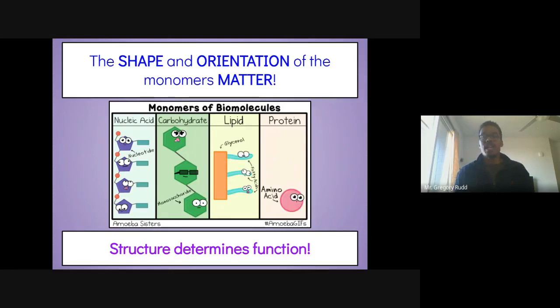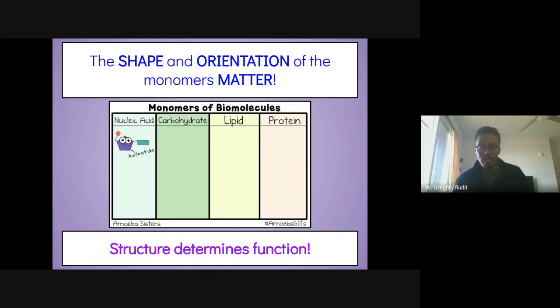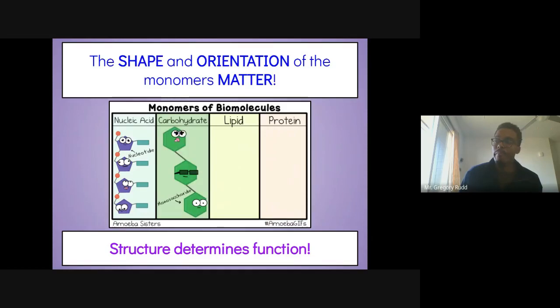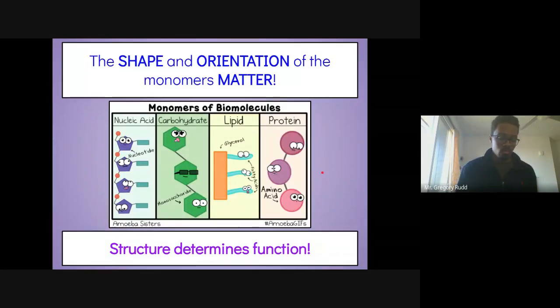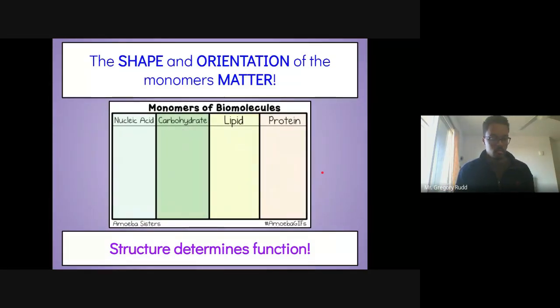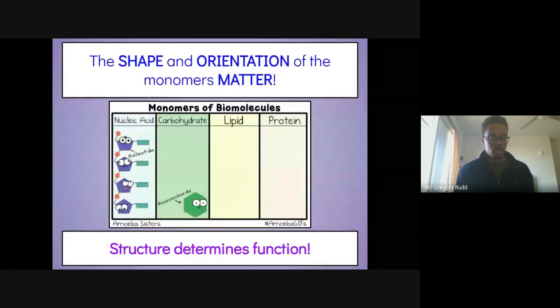But changing the shape will ultimately change the function. So shape determines function.